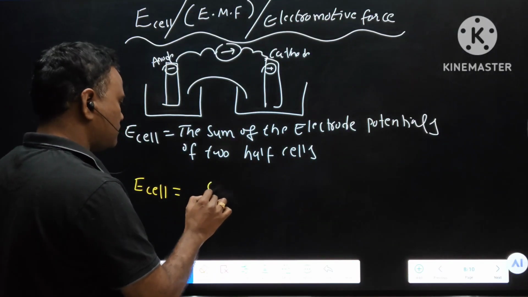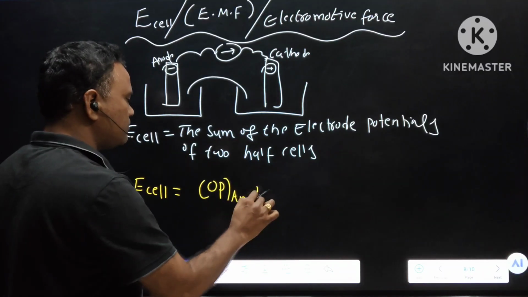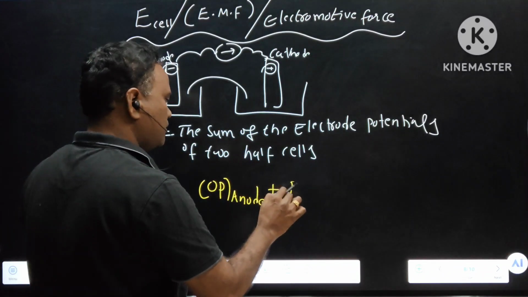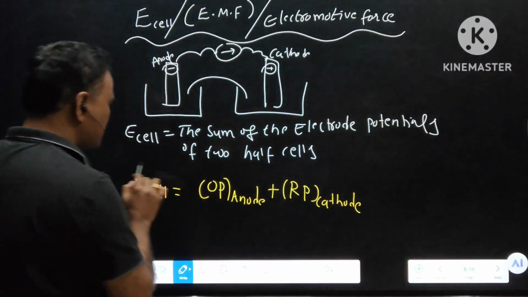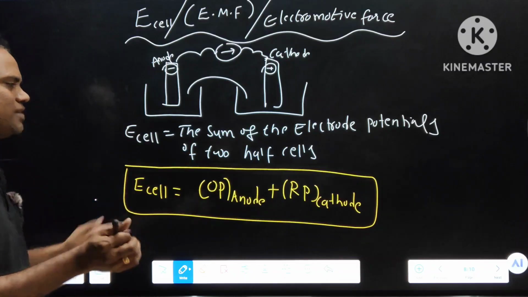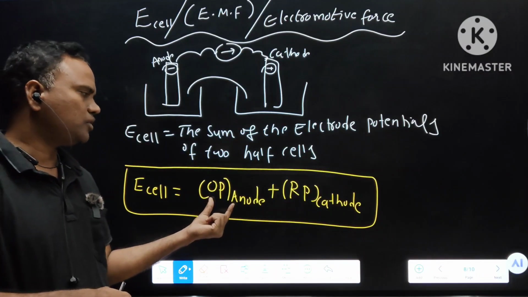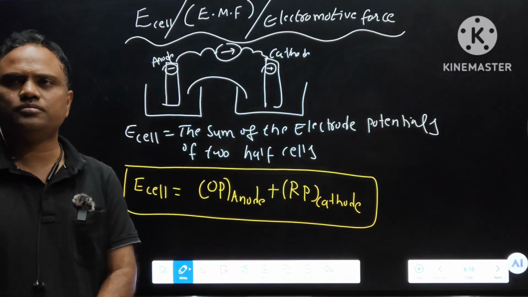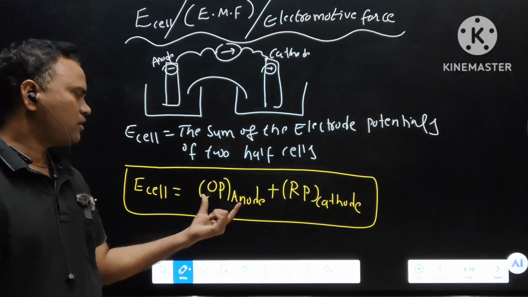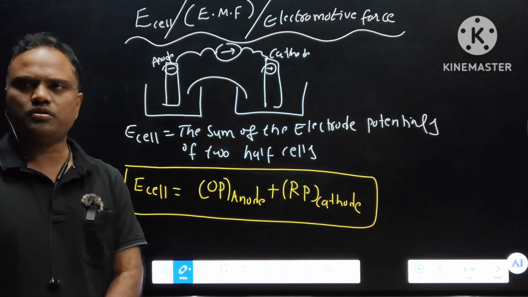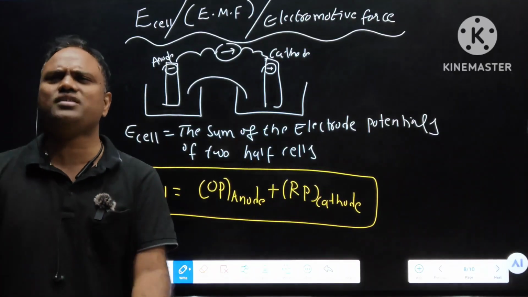Oxidation potential at the anode plus reduction potential at the cathode. We are adding the oxidation potential of the anode and the reduction potential of the cathode. The sum of the potentials is called the EMF of the cell. Potential developed at the anode plus potential developed at the cathode. Potential is nothing but a difference developed.